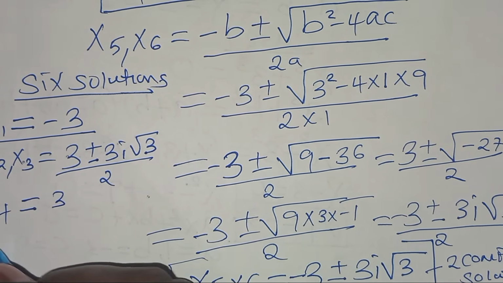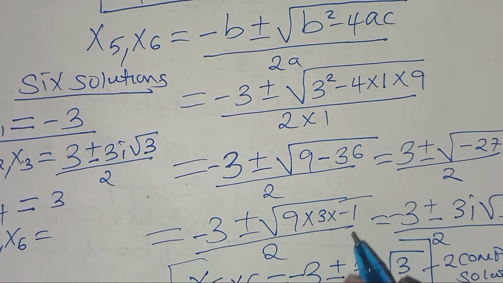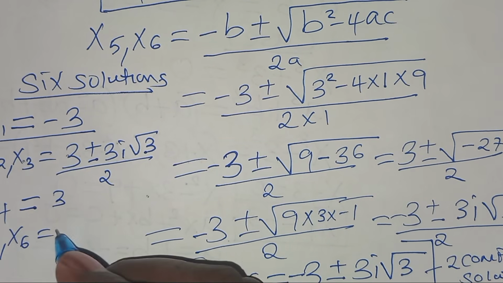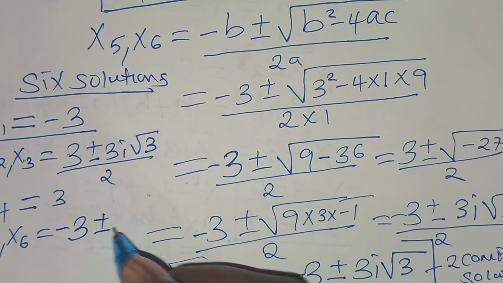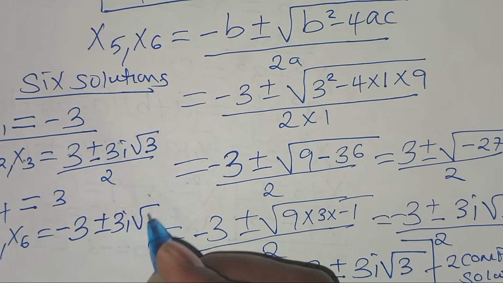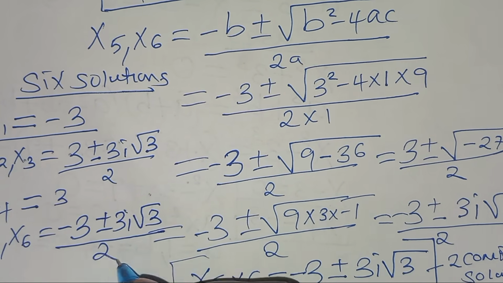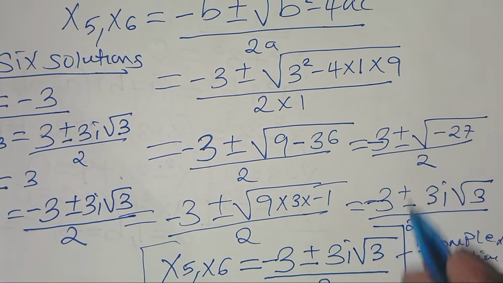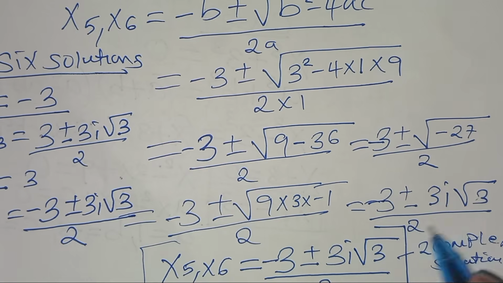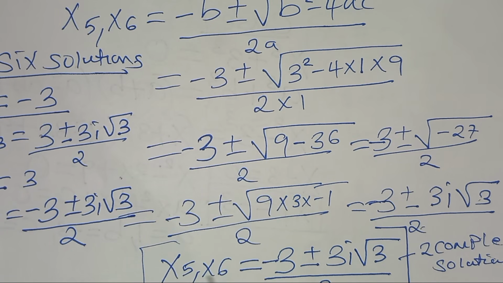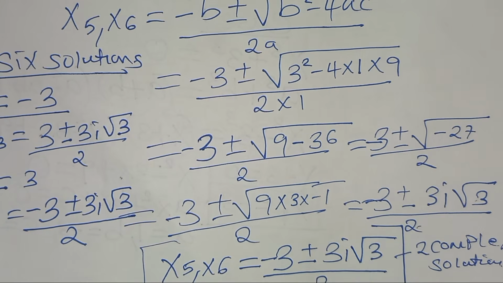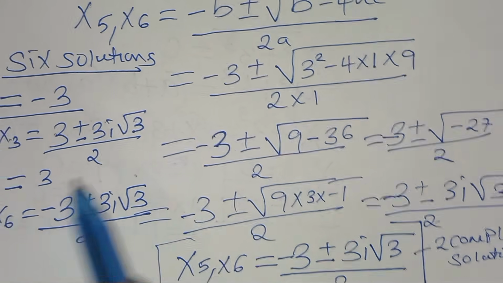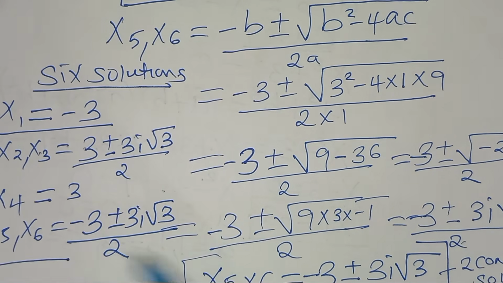We have x5 and x6, and this is actually equal to negative 3 plus or minus 3i square root of 3 divided by 2. Okay, so here we have 6 solutions.